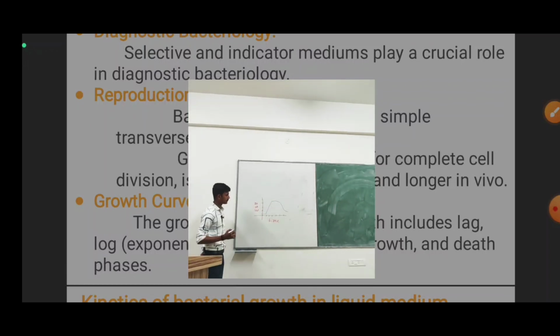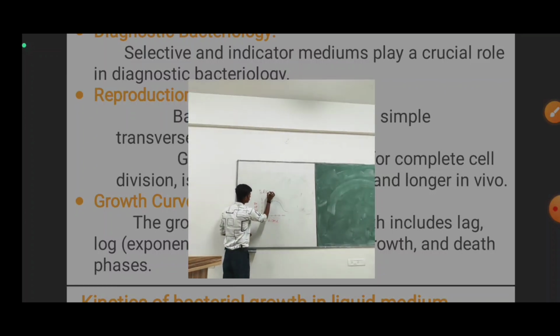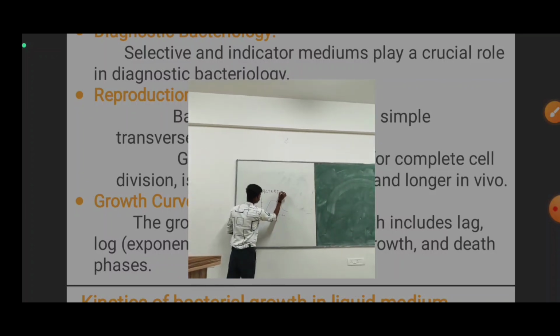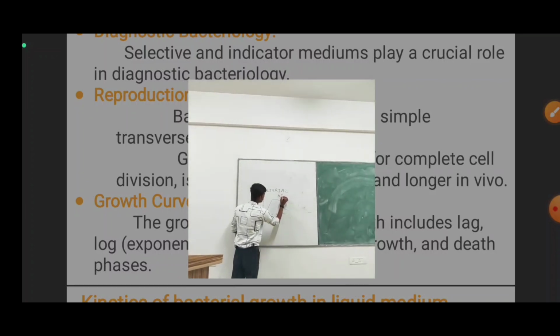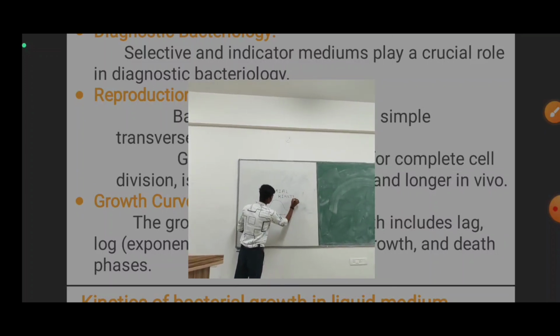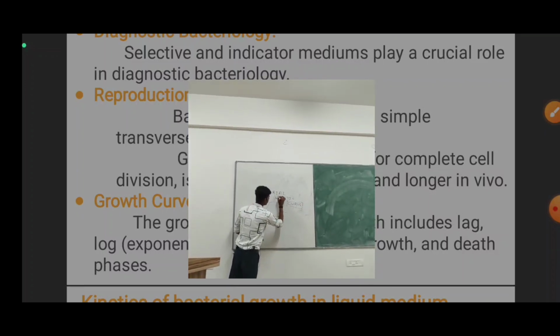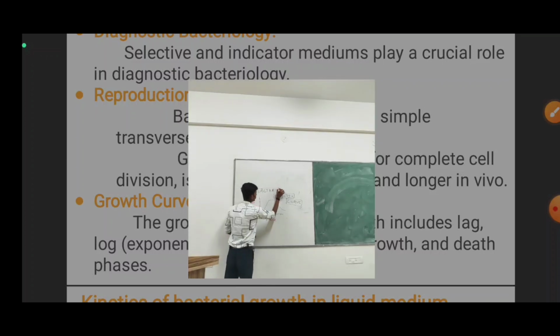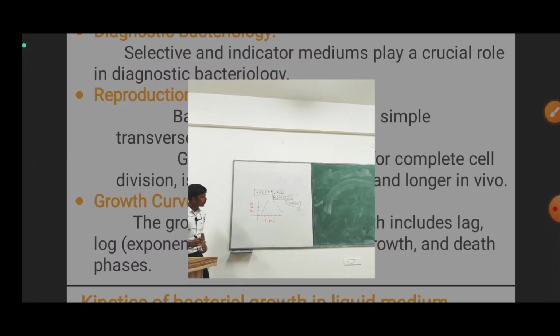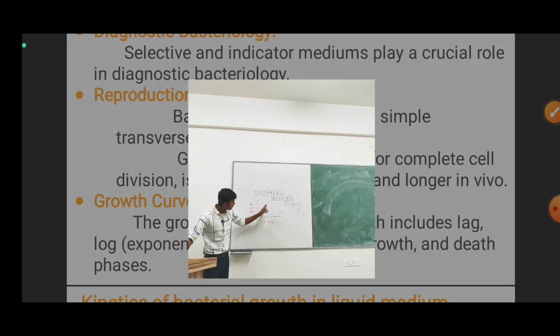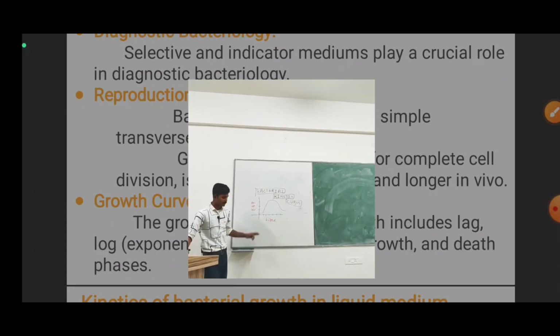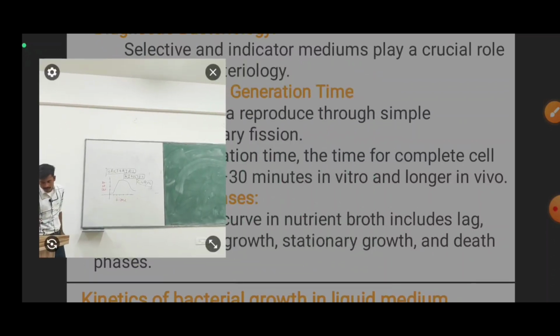See, that's a bacterial kinetic curve. It's very important to understand. Bacteria show this kind of growth curve. As you see in the slide, the first phase is called the lag phase.